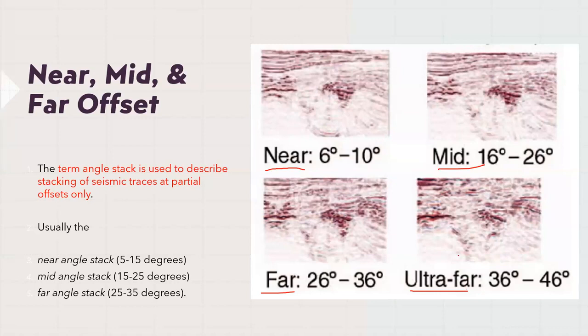The objective of showing this is that you can see different angles, and the far angle shows the bright amplitude. So this is actually your sand reservoir over here. In the lower angle, it doesn't. So we have to verify in different angles or angle stacks how the seismic is behaving.